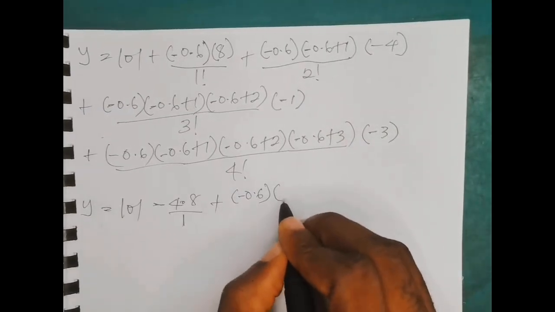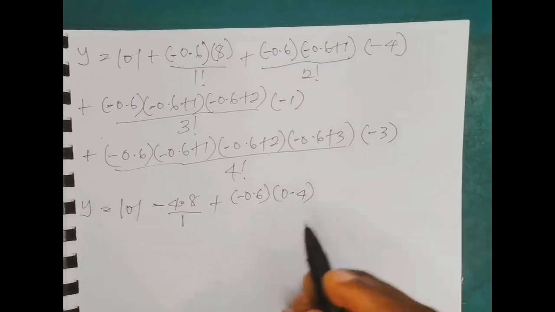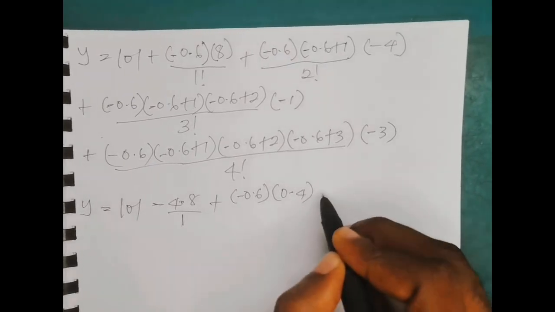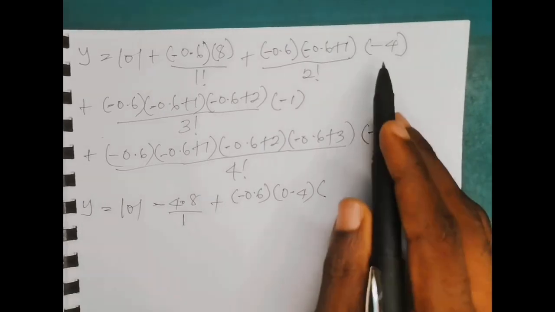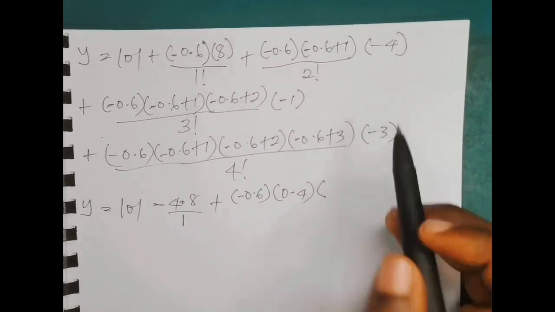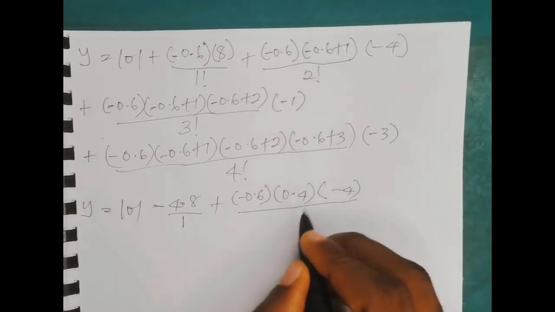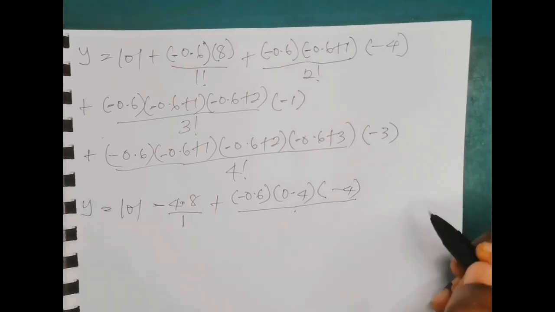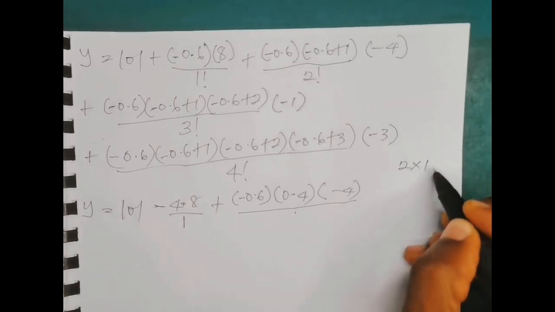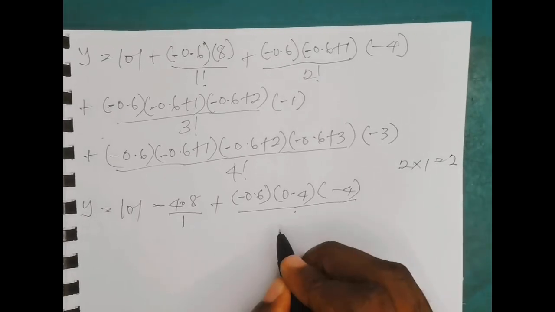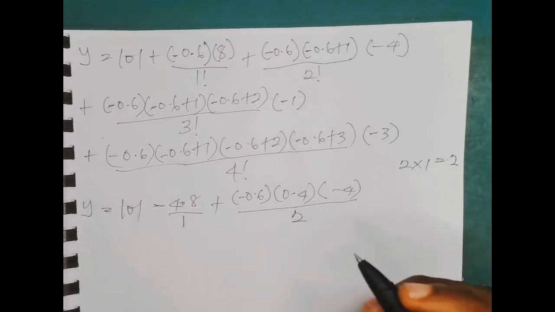This gives us 0.4. So multiply 0.4 by negative 4, all over 2 factorial. 2 factorial simply means 2 times 1, which is equal to 2. So we're dividing this by 2.